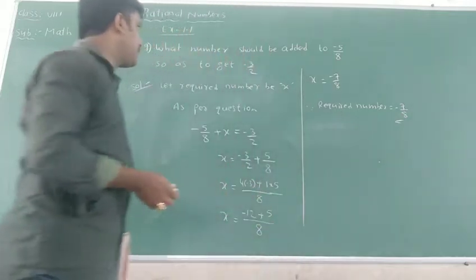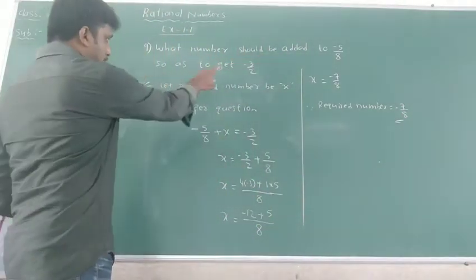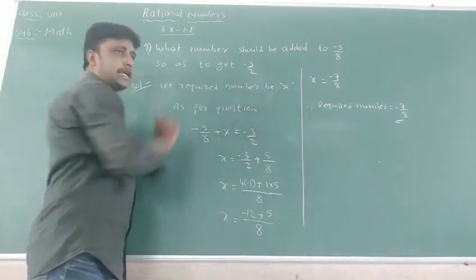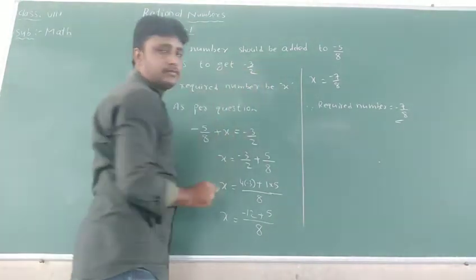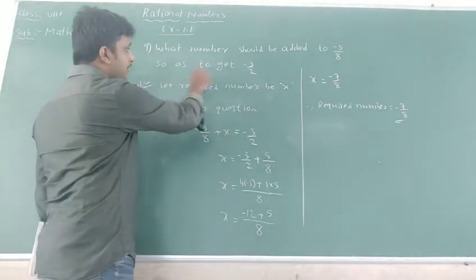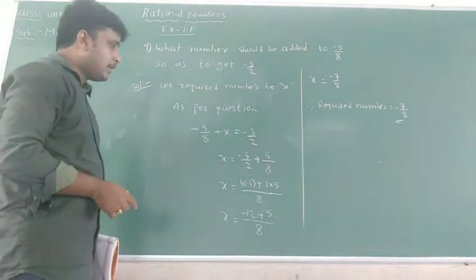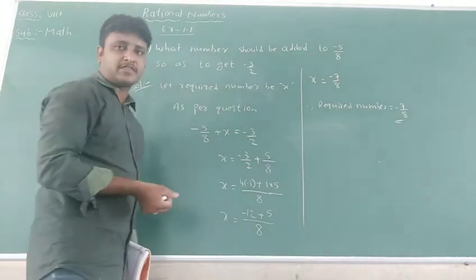Once more I am repeating the question. What number should be added to minus 5 by 8 so as to get minus 3 by 2? Let the required number be x. According to the question, this x we have to add to minus 5 by 8. Whenever we add, the answer will become minus 3 by 2. So after the equal sign, we write minus 3 by 2, and we have to find the x value. Minus 5 by 8, on the other side, will become plus 5 by 8.